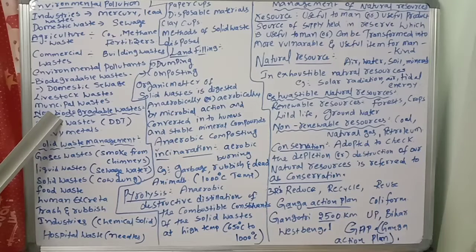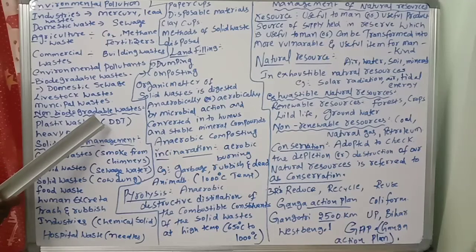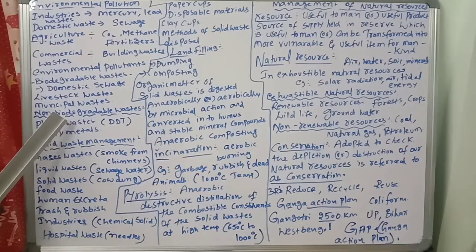This includes glass, plastic wastes, aluminium cans, radioactive substances, synthetic polymers, heavy metals, pesticides, DDT. These all come under non-biodegradable. In the name itself, the answer is there: microbes cannot degrade these substances. So these are very important.